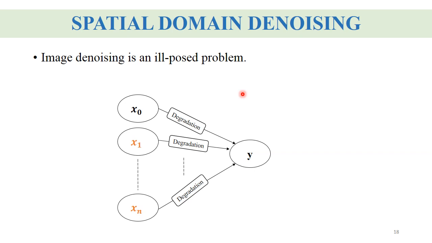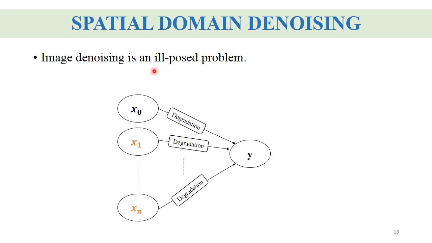That means we know what the original image is, what type of degradation happened, how it happened, and what the existing content is. Each and every stage's details we are aware of, or at least a certain amount of correct information about that image, so that we can perform the reverse operation of it. That's the well-posed concept.